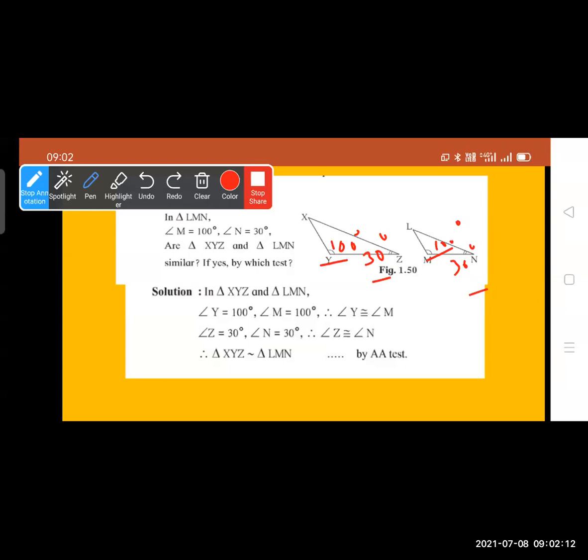In triangle XYZ and triangle LMN, angle Y is equal to 100 degree, angle M is equal to 100. Therefore, angle Y is congruent to angle M. Okay, first condition. Second condition, angle Z is 30 degree and angle N is 30. Therefore, angle Z is congruent to angle N.